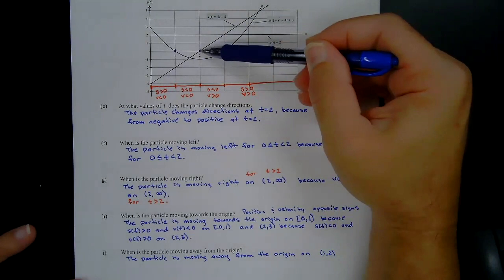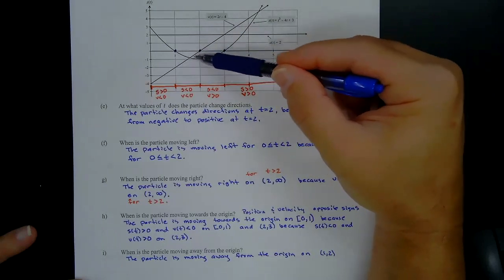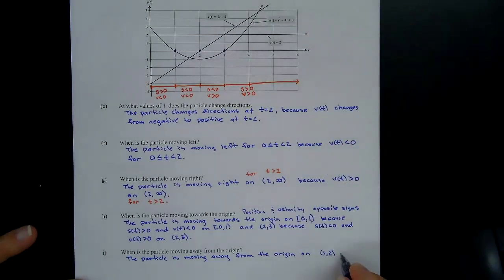And we're not going to include 2 because the velocity is 0 there. It's only in between these that they're both negative, because S of t is less than 0 and V of t is less than 0 on 1 to 2.